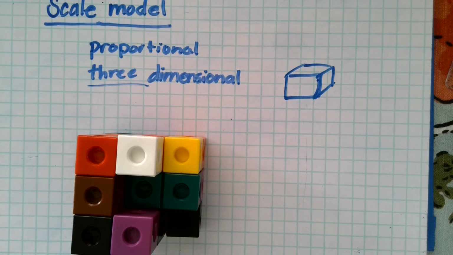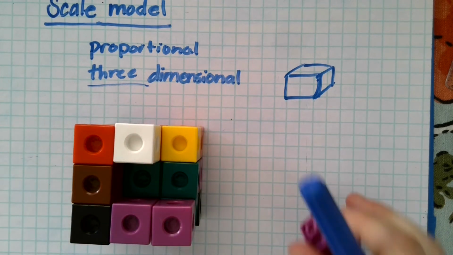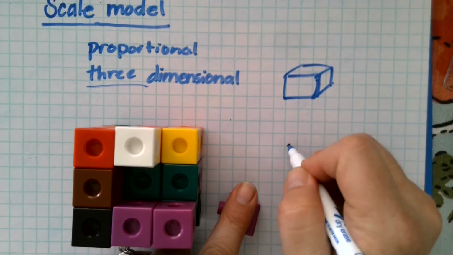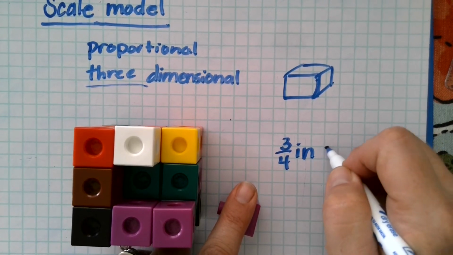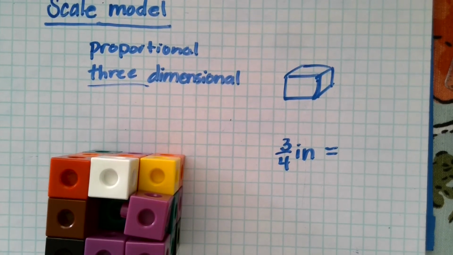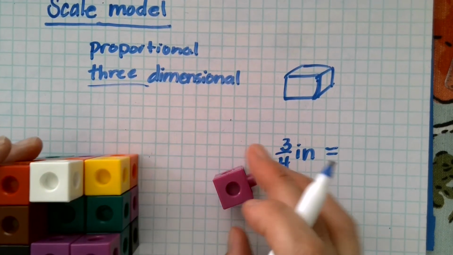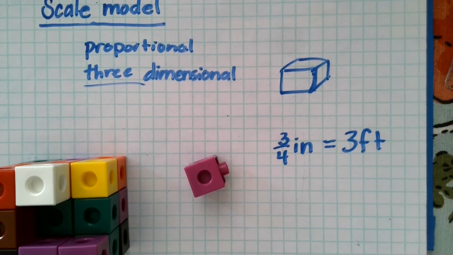So if you lived in a room that was a cube like this, we would have to measure how long each cube is. So we would have to say this is 3/4 of an inch. And in real life, your bedroom was, let's say it's 9 feet long. So each of these cubes would represent 3 feet. Okay, and that would be our scale.